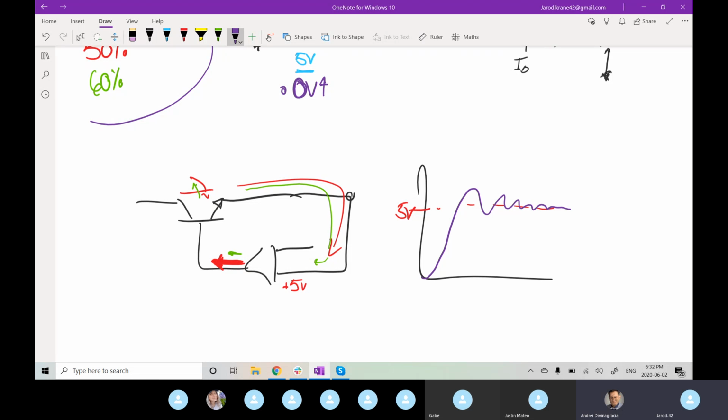It'll keep alternating. It'll keep playing with the output, the op amp's output current, until it can finally stabilize the 2 input pins, and we come and sit on a nice 5 volts.